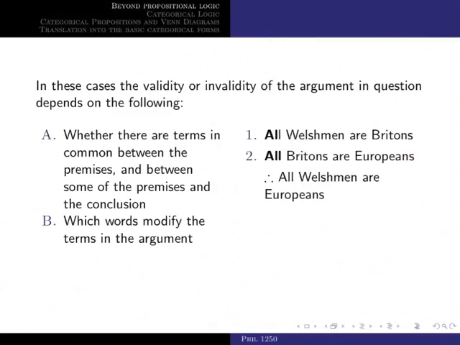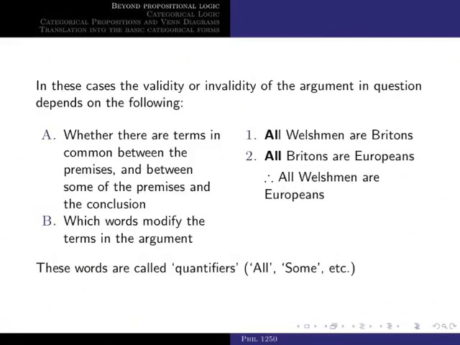Validity also depends on which words modify the terms in the argument. Right? In this case, we have all in the first premise, and all in the second premise, and all in the conclusion, right? So all of the statements here begin with the word all. Words such as all, some, most are called quantifiers.